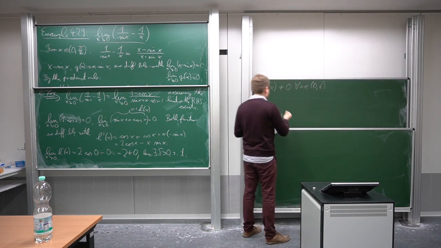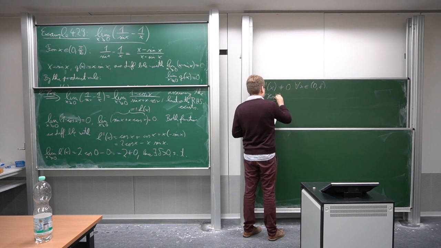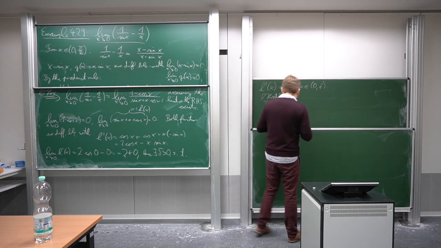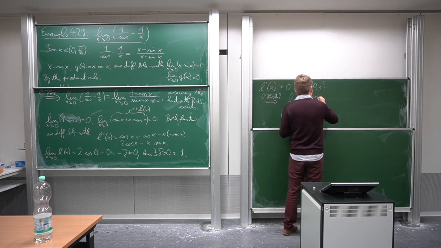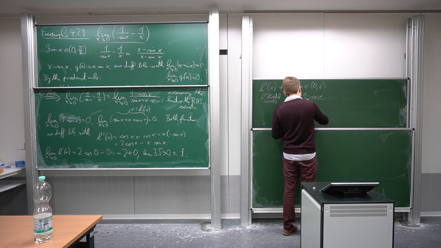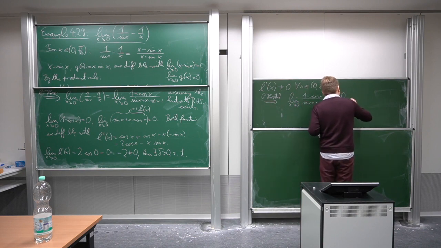We've checked all the assumptions, so we can apply L'Hopital. The limit is now the limit of the former expression, 1 minus the cosine divided by sine x plus x times the cosine of x, which is the limit of the derivatives, as x goes down to 0.